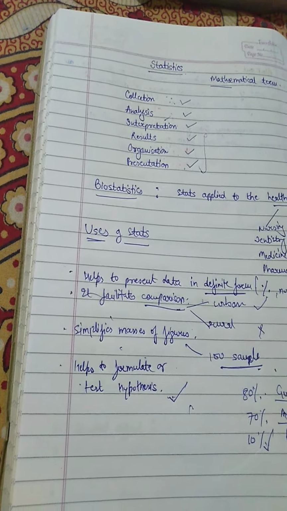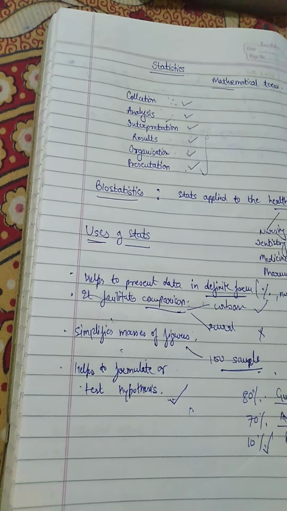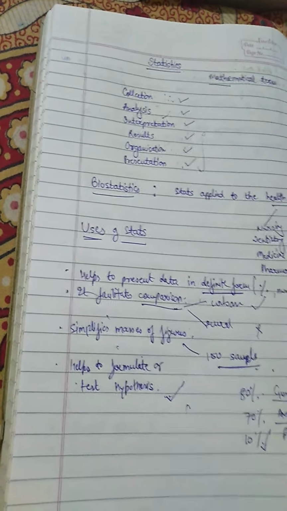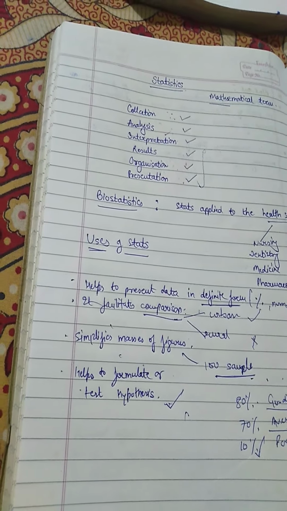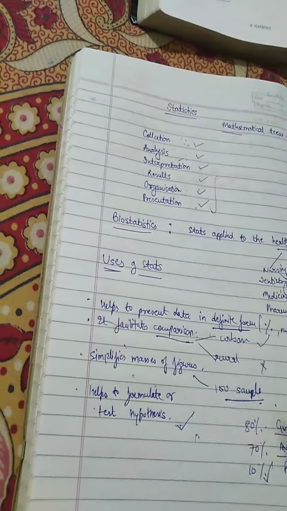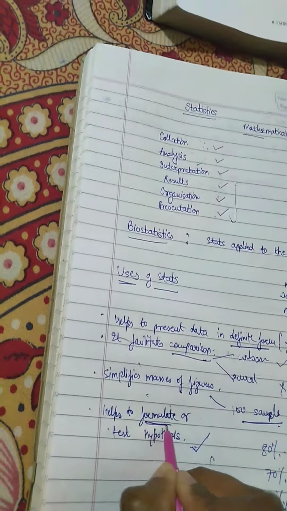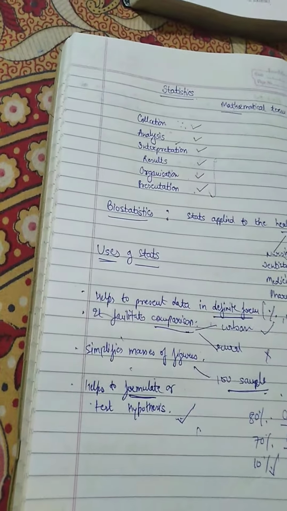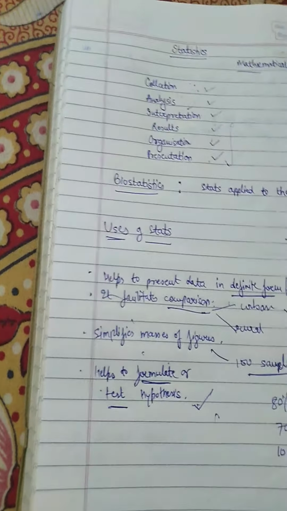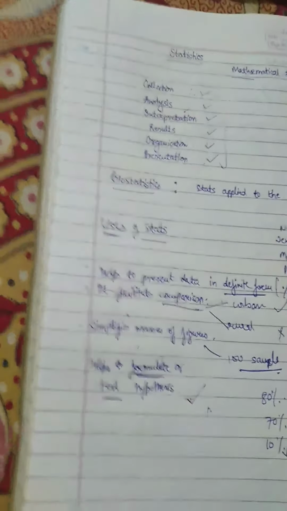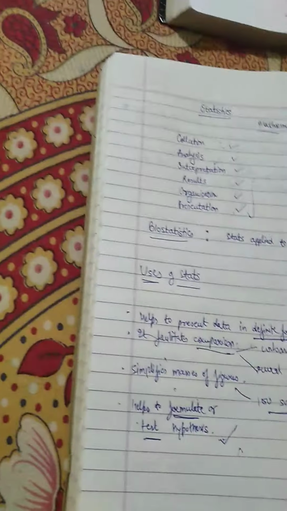This can give me an idea that most of the women don't know about premenstrual syndrome. So with that I can formulate a hypothesis, and after conducting my study the result will help me to test that hypothesis. So statistics help me to formulate or test the hypothesis.